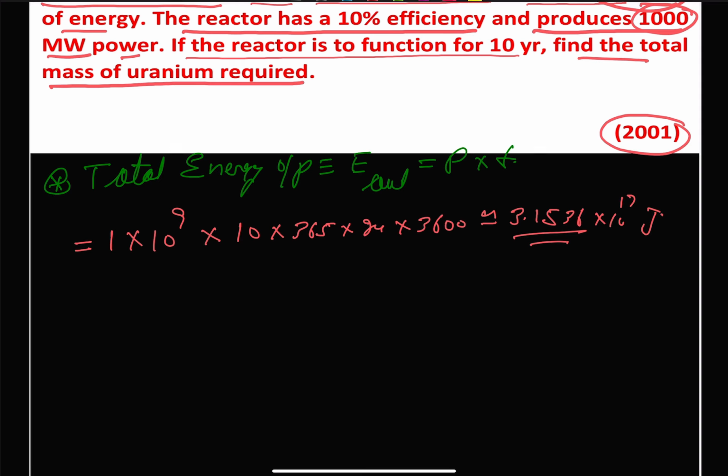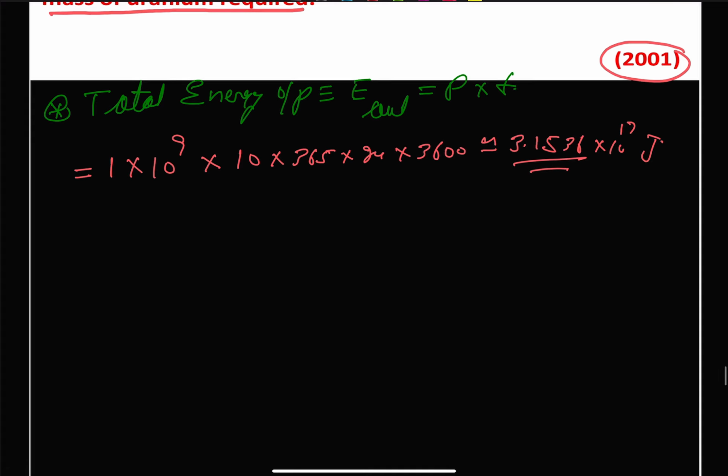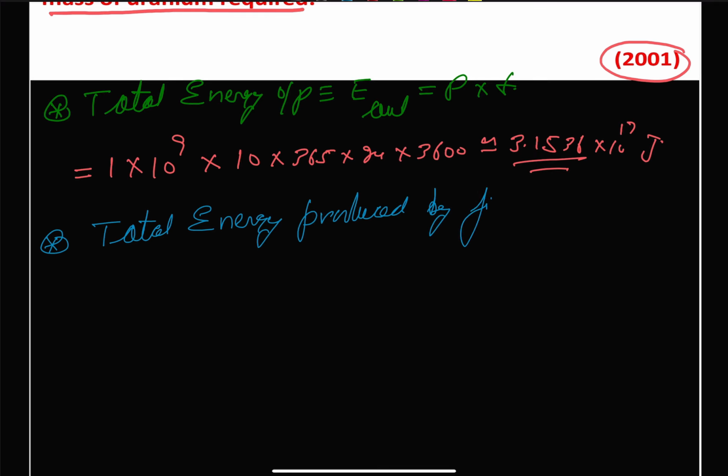And we are dealing with 10% efficiency. So we can say that we need the total energy produced by fission before efficiency loss, which basically means we are going to find out the input energy.